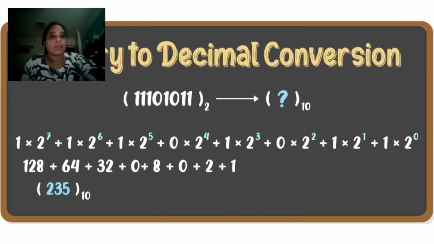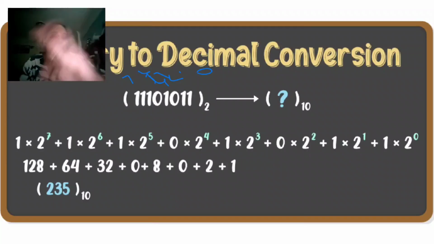The powers are 0, 1, 2, 3, 4, 5, 6, 7, so the last power is 7. We go from right to left.